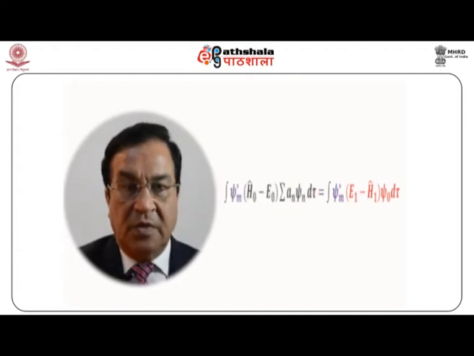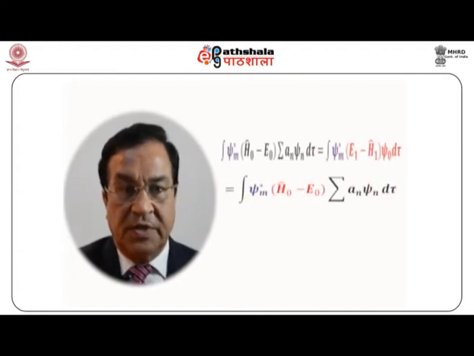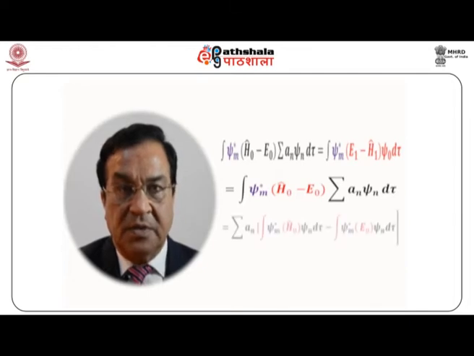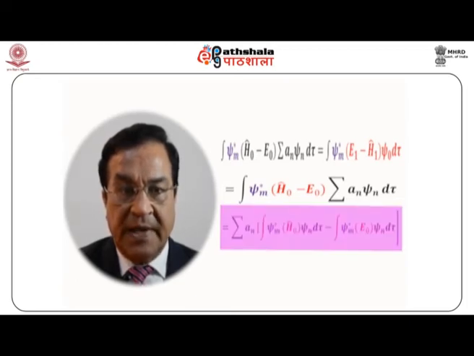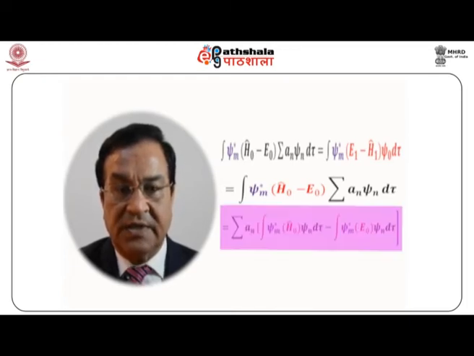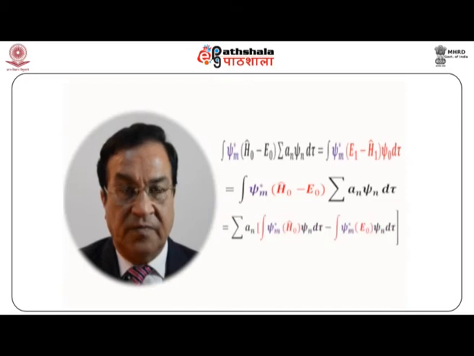This equation on further simplification becomes summation a n (integral psi m star H0 psi n d tau minus integral psi m star E0 psi n d tau).